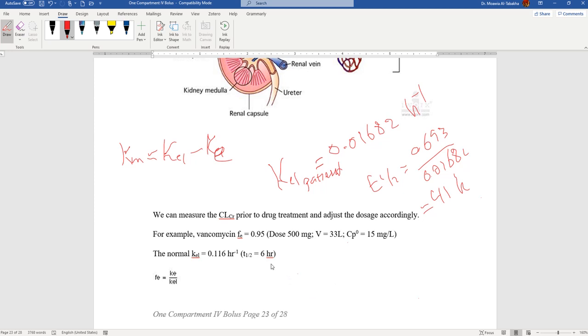And the original was how much? 6 hours. Now the half-life is 41 hours.